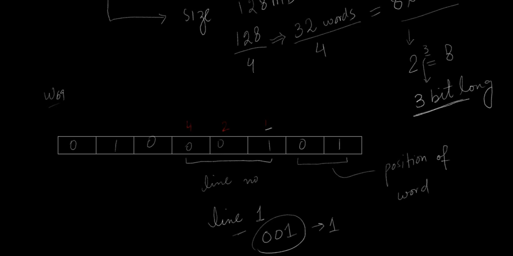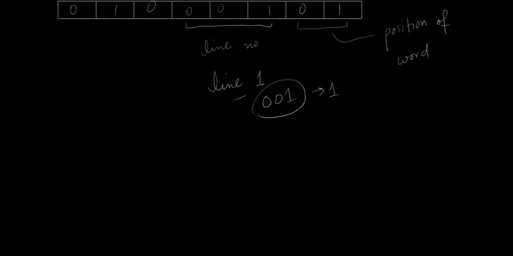So now this tells me that my word 69 is in block 17, which is in line 1. That's how it's working.